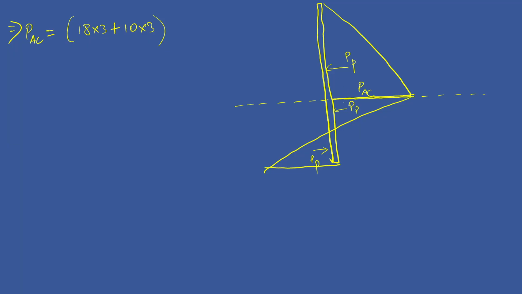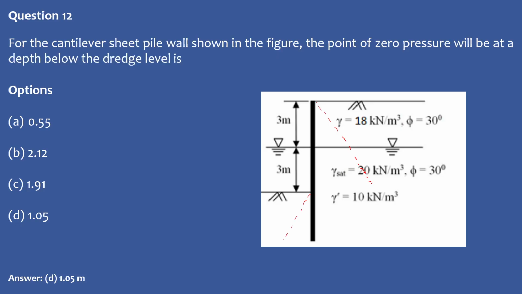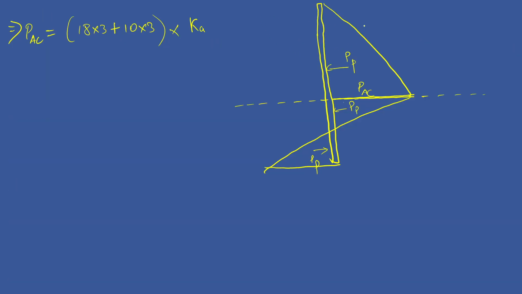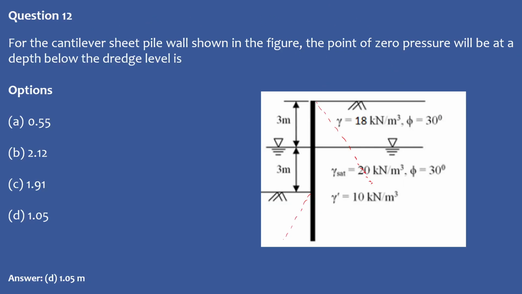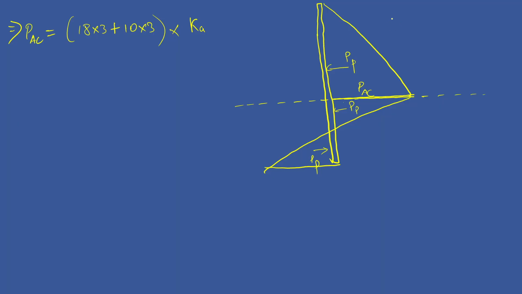So you need to calculate the pressure which is acting, and that will be multiplied with the K value. The friction angle which is given to you is 30 degree. So your K value will be 1 minus sine phi upon 1 plus sine phi.